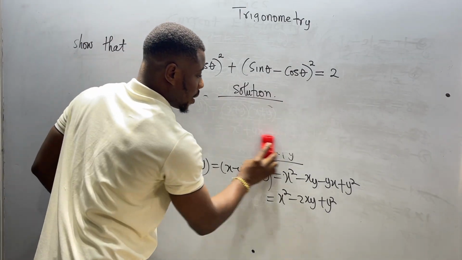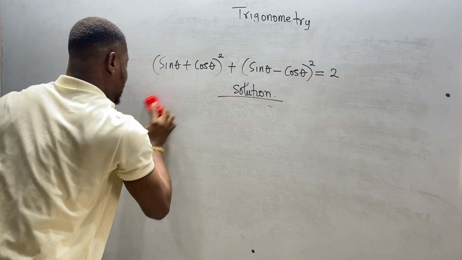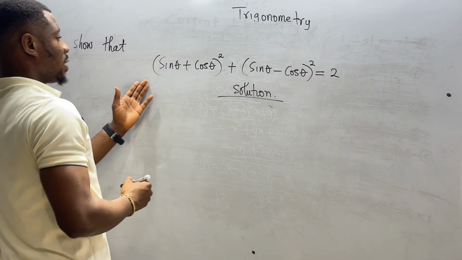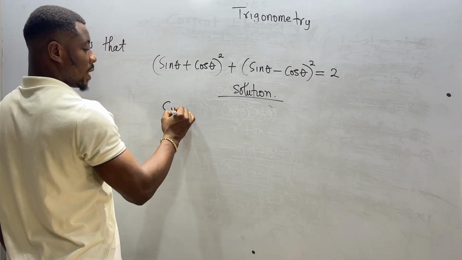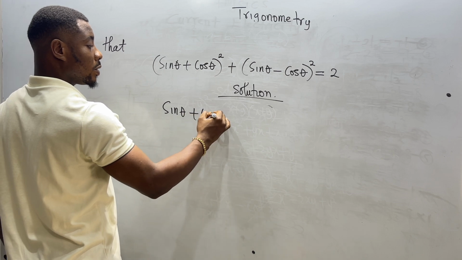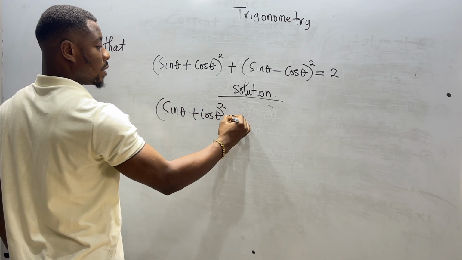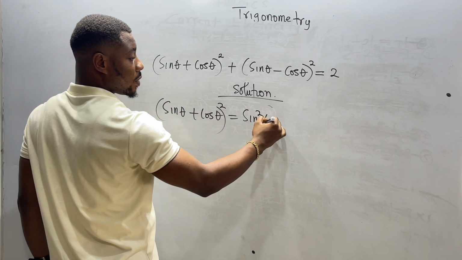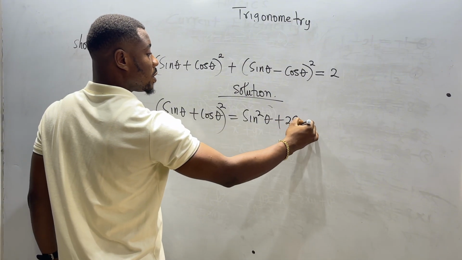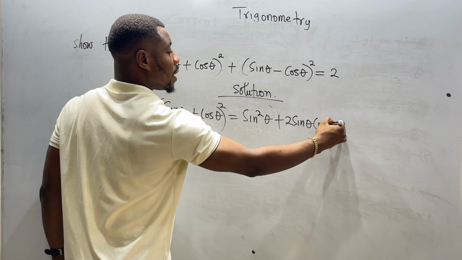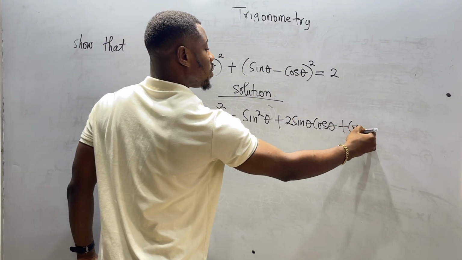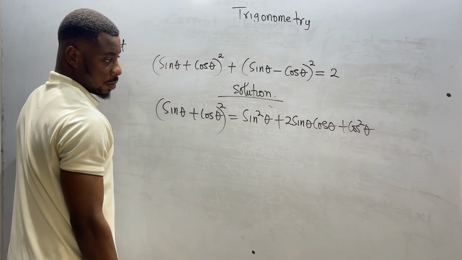In the same way, if we apply the same concept here and expand this guy here, I'll be having that sine theta plus cos theta, if I square this, is going to give me sine squared theta plus 2 sine theta cos theta plus cos squared theta. This is what it gives to me.